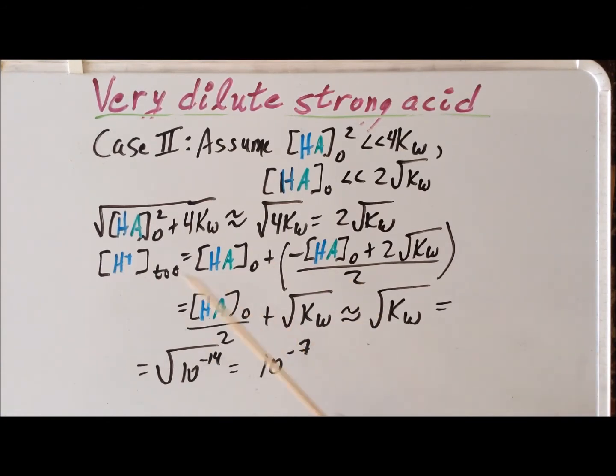We could essentially assume that the only source of H plus is going to be the water solvent itself, and we end up with a hydrogen ion concentration of 10 to the minus 7, which is such an easy problem we can calculate the pH immediately in our heads, and we get a pH of 7 in that case, which we know to be true. If we have an infinitely dilute strong acid in aqueous solution, the pH is going to be 7.